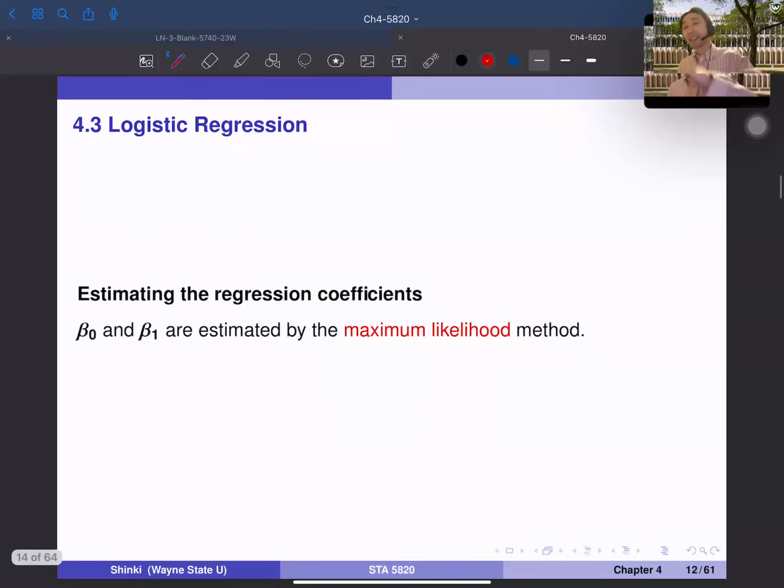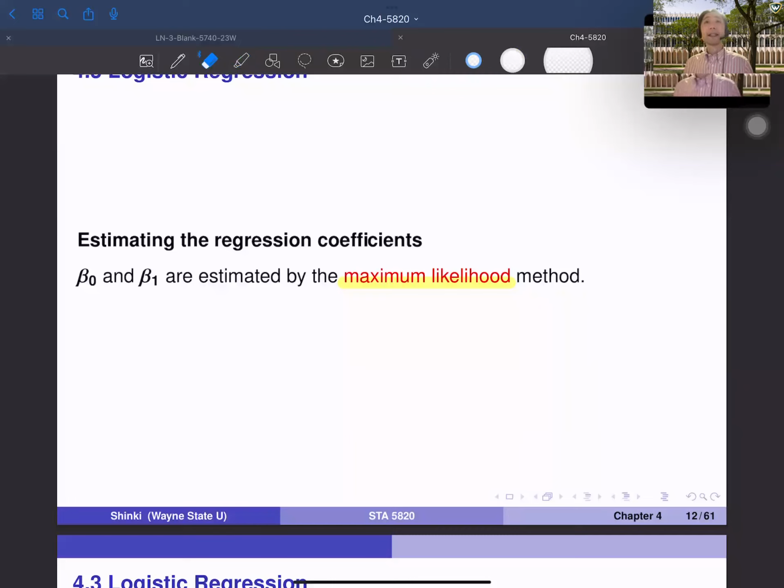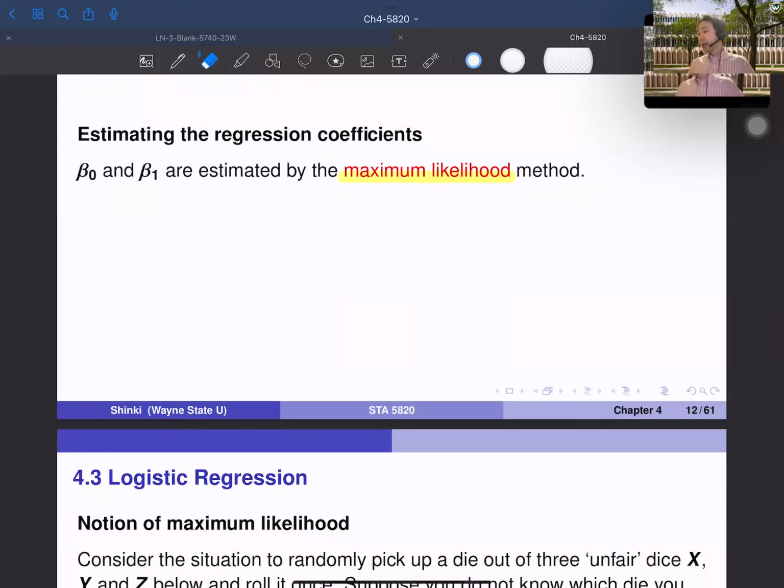So if you understand maximum likelihood methods, then you can better understand some applications, some extensions of linear models. And actually logistic regression also is based on maximum likelihood estimation. So to estimate beta naught and beta 1, we use the maximum likelihood method. So the idea is here.